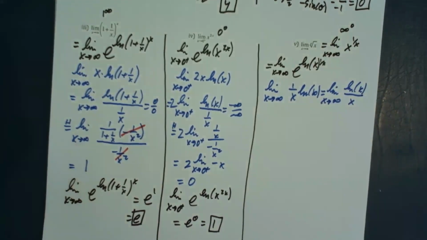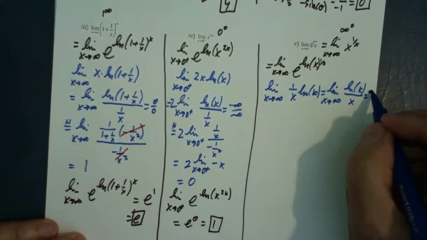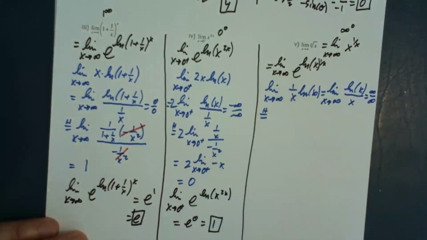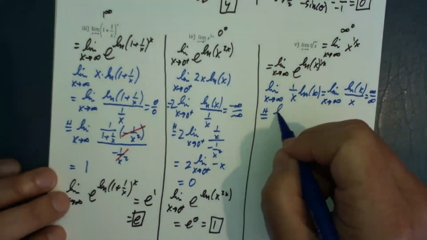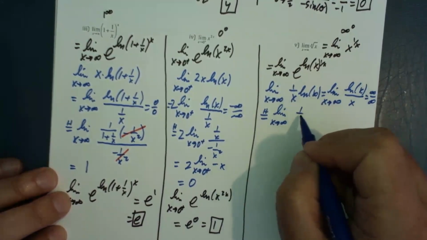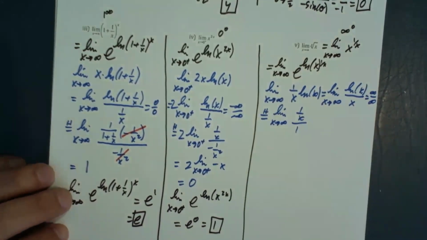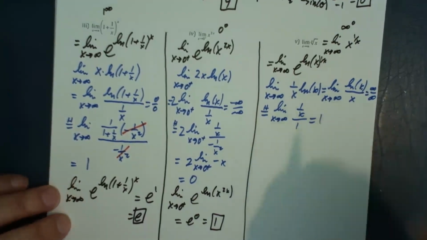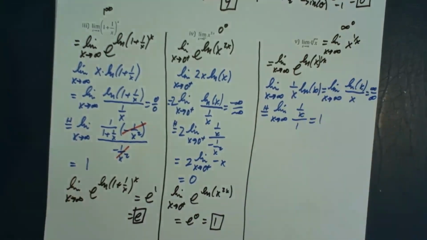And now I have infinity over infinity. So now I can apply L'Hopital's. That becomes 1 over x over 1, and now as that goes to infinity, the whole thing equals 0. Once again, I'm not done.